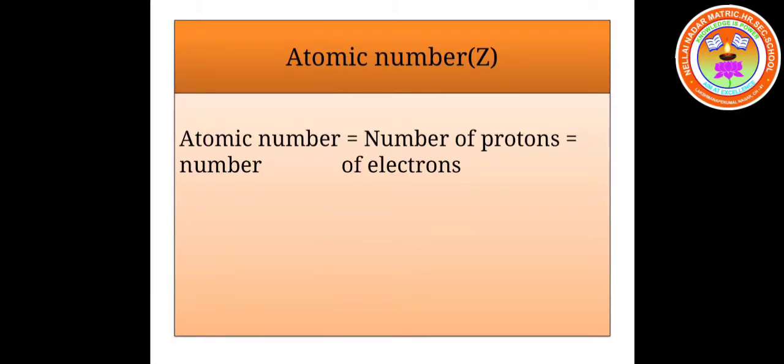It means the number of protons in an atom is always equal to the number of electrons in an atom, and so an atom is an electrically neutral entity. So atomic number of an atom is equal to the number of protons, which is equal to the number of electrons in an atom. The symbol that is used for denoting the atomic number of an atom is capital Z.